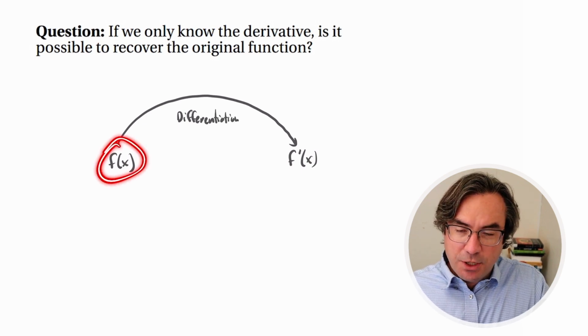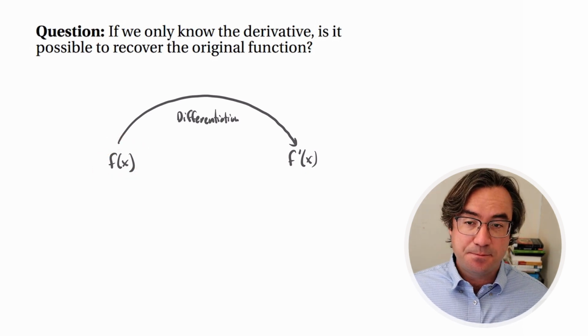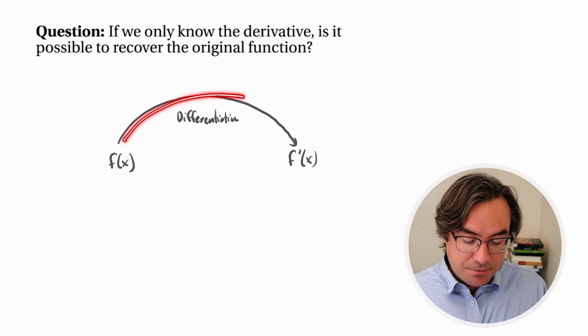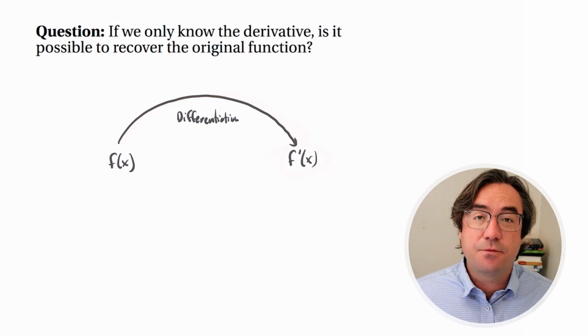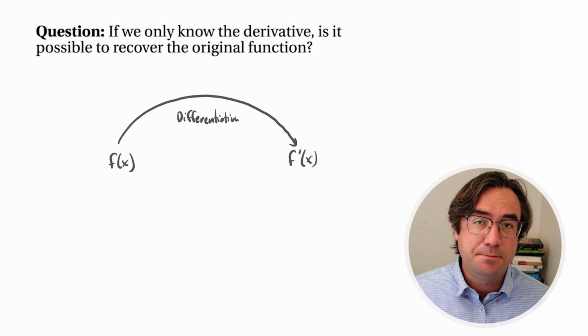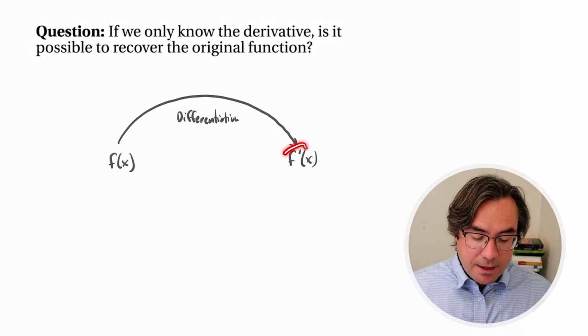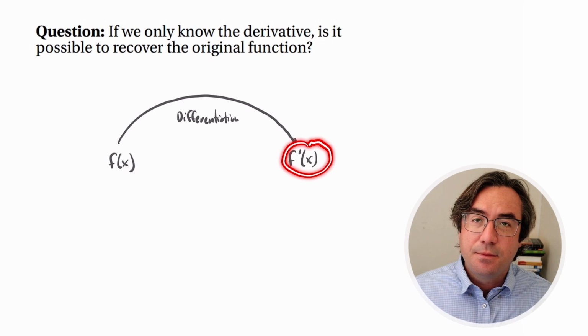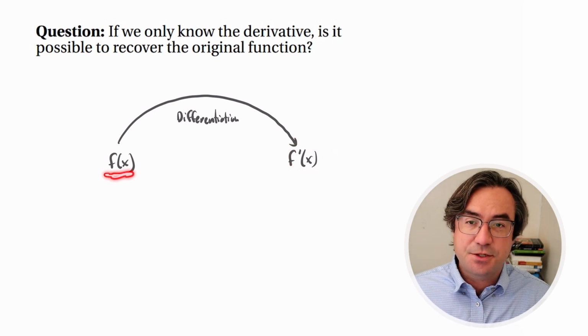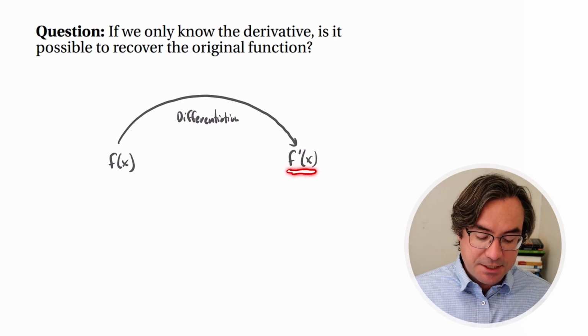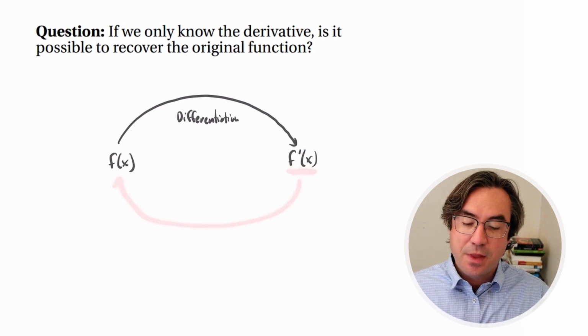So we've learned a whole bunch of things where we take a function f, and through different rules we get a new function which we call f prime. So the question is, if we only know f prime, is it possible to recover this original function? So is it possible to go back?